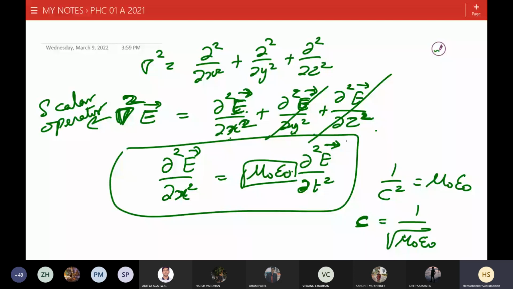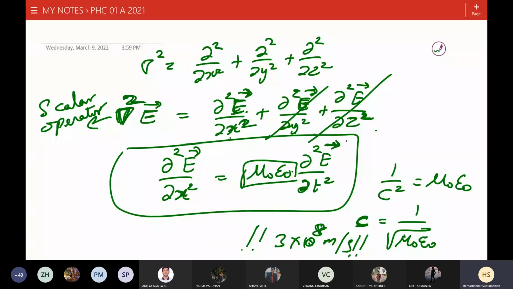And he plugged it in. He got 3 × 10⁸ meters per second. Bingo. He knew he was onto something. Once he got the value, he knew that light waves and radio waves were electromagnetic waves right away. It was a big revelation.